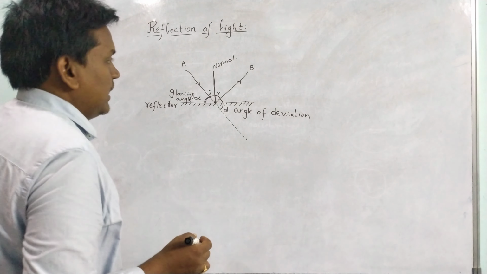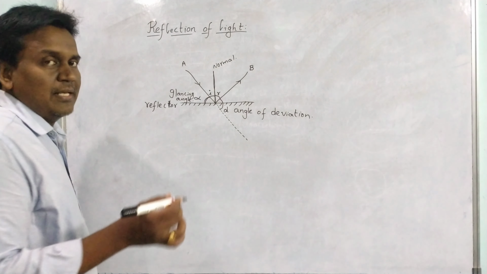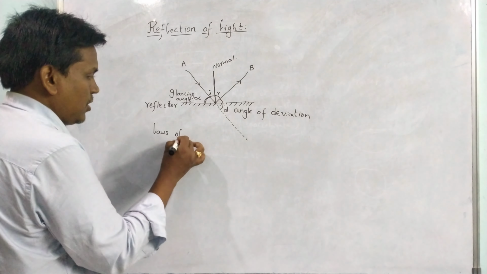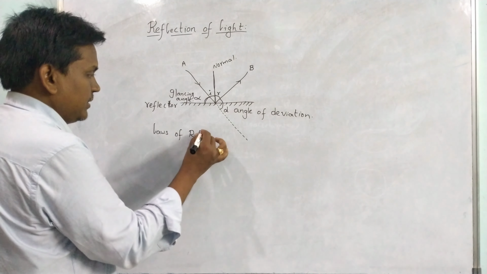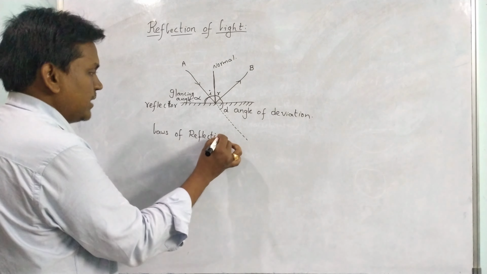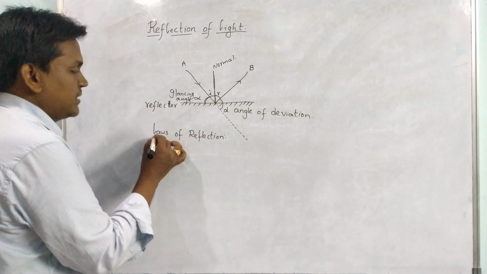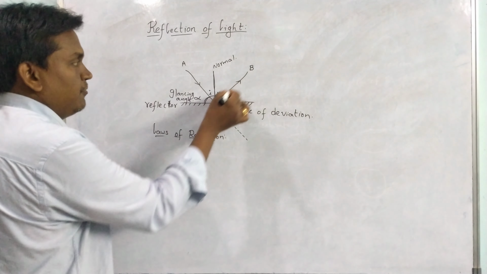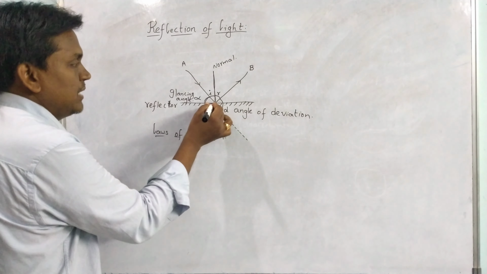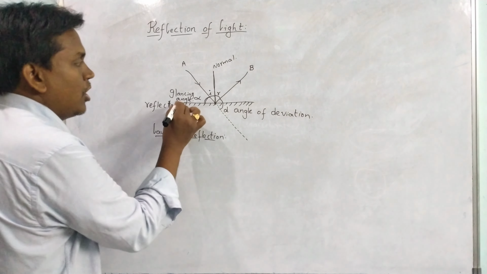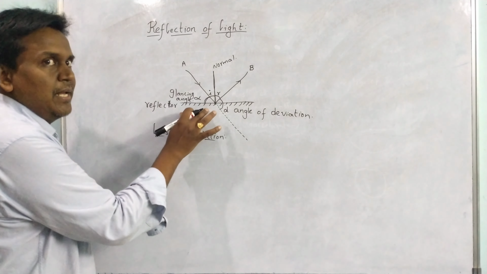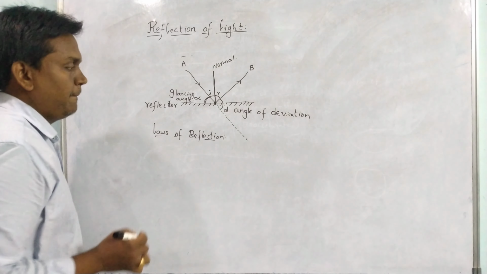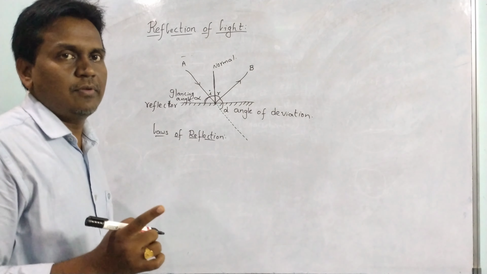Now if you consider the laws of reflection, there are two laws of reflection. First law: the incident ray, reflected ray, normal and the point of incidence all lie on the same plane. That is the first law of reflection.